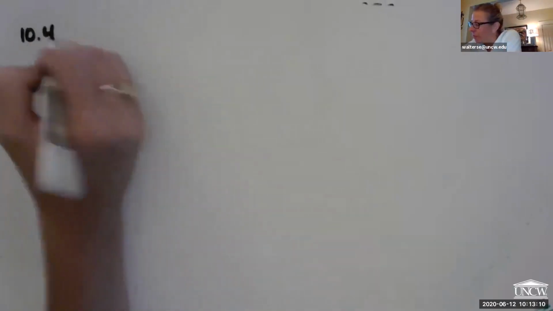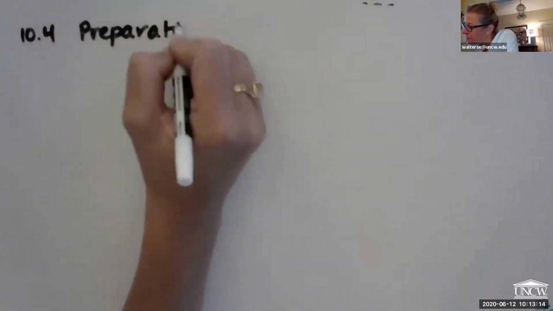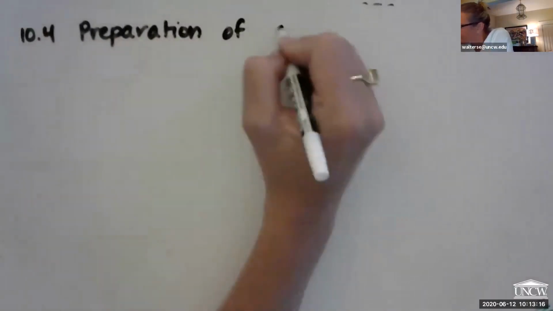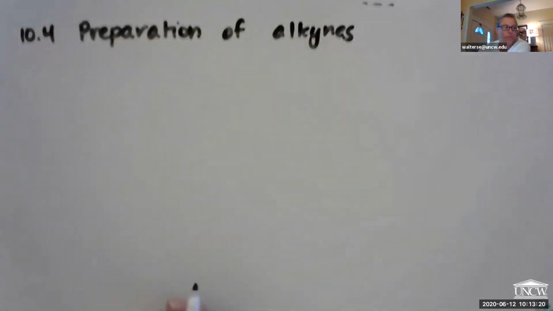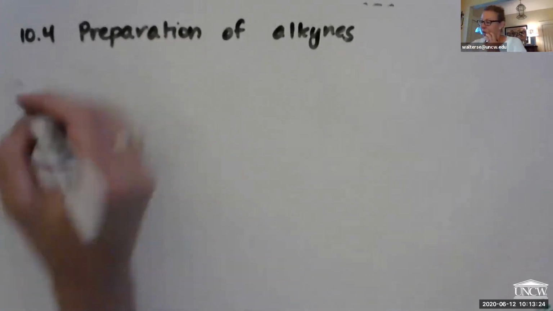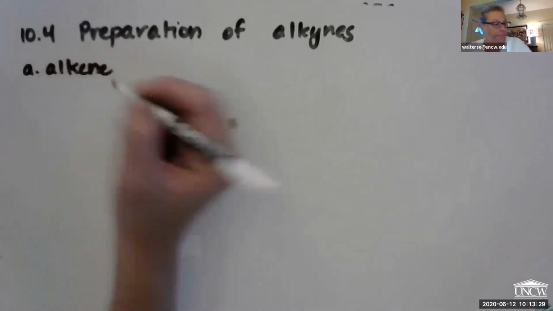Okay, so 10.4 is preparation of alkynes. I'm going to break this up into 2 sections. First, just to refresh the preparation of an alkene.